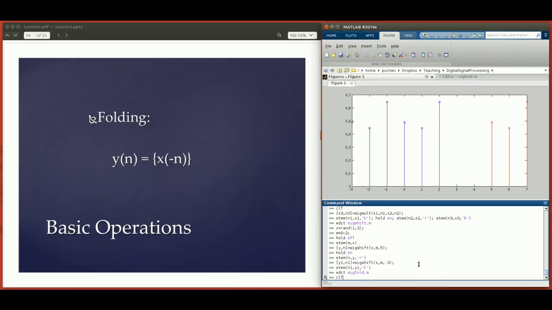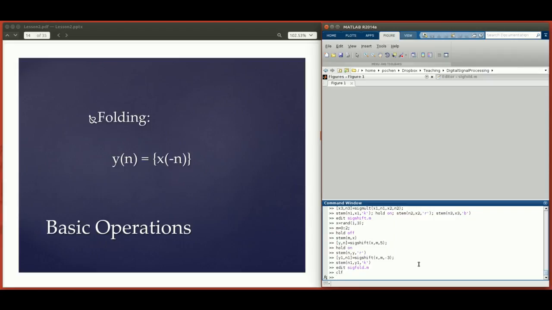Let me clean up the figure, and then let me generate another function. So x equals rand, one row, 3 columns, and then n goes from, let's say, 5 to 7.